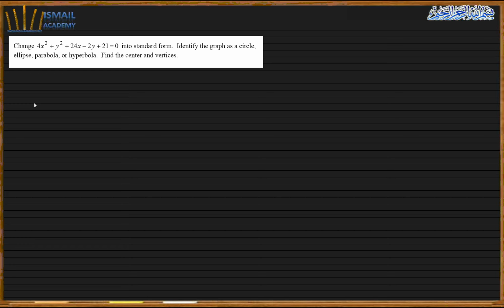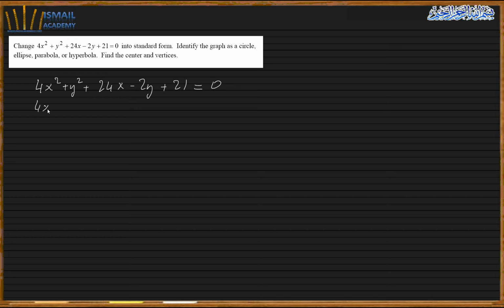simplify this. So I have 4x squared plus y squared plus 24x minus 2y plus 21 equals 0. So I will try to get all the x together and all the y together. The number I will move to the other side and try to create a perfect square with x and a perfect square with y. So that's my objective.